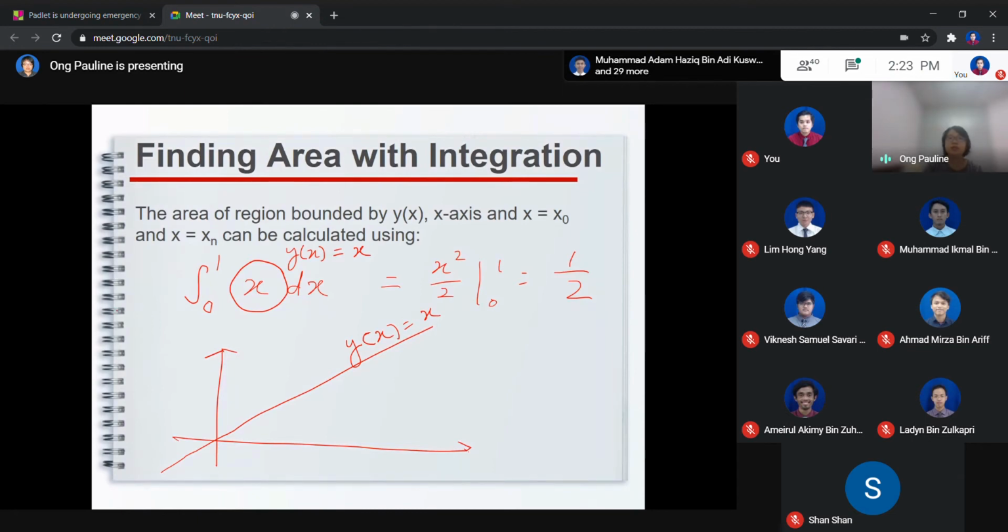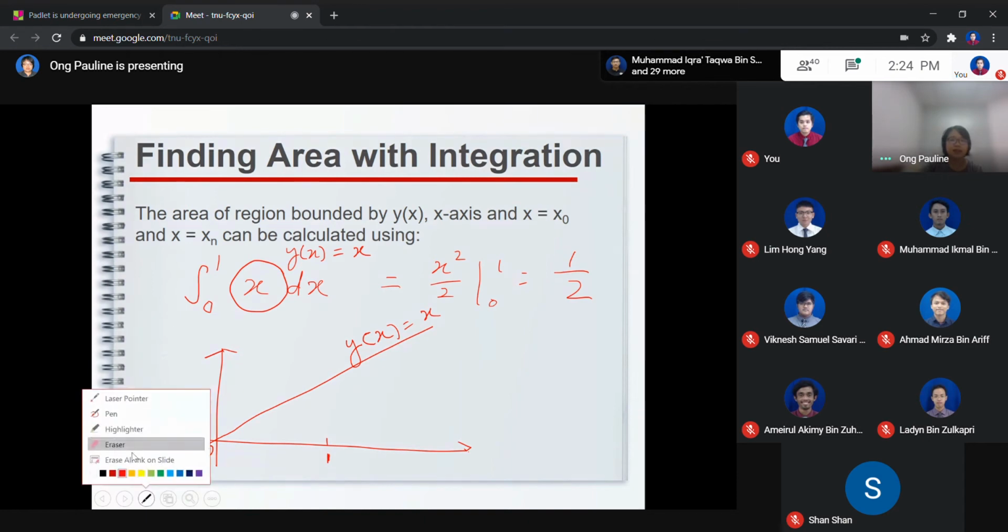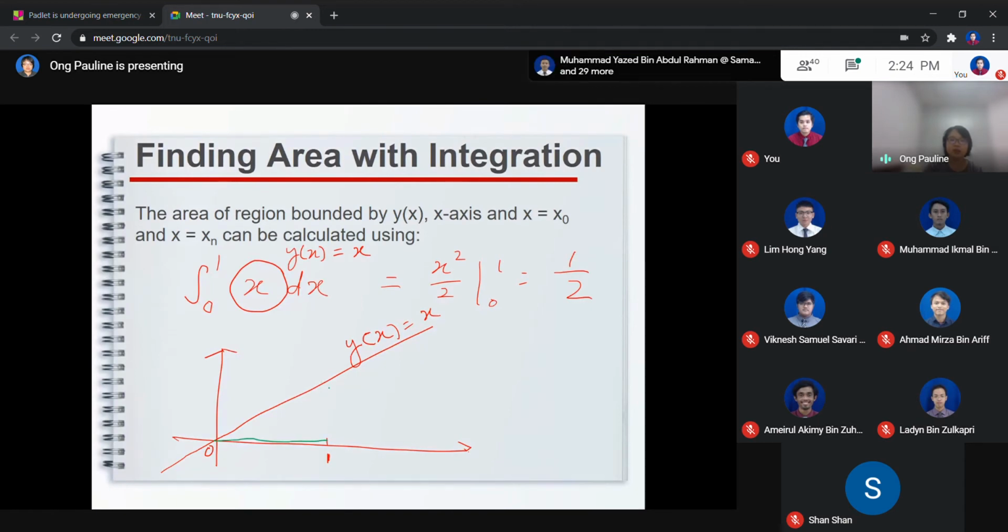Then I have the bounds of integration from 0 to 1, meaning from 0 until 1 here. Now let me do some shading here, so let us see actually what this is.